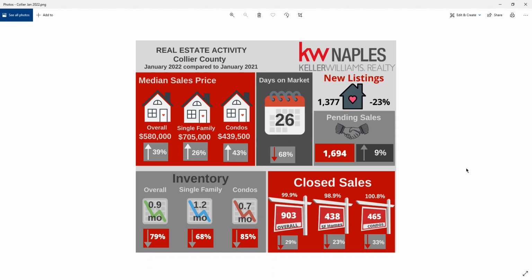One is probably evident, the other might not be so evident. One is, if you get a listing, it's going to sell, unless there's something terribly wrong with it. Maybe it backs up to I-75, or the seller wants double what it's worth, or it's got smoke or pet odor on the inside. But if it's an average listing, it's going to sell.